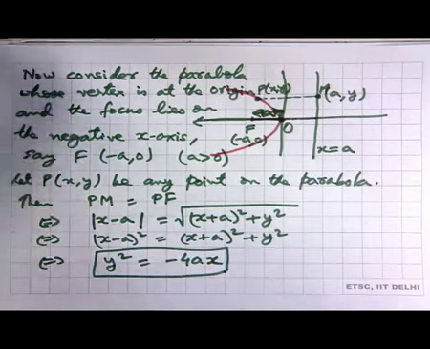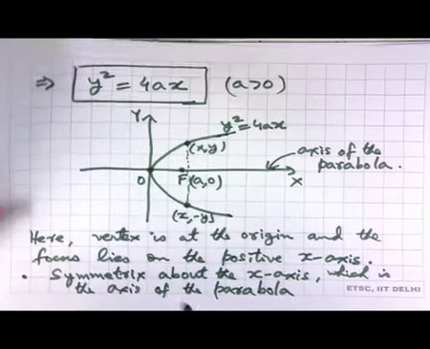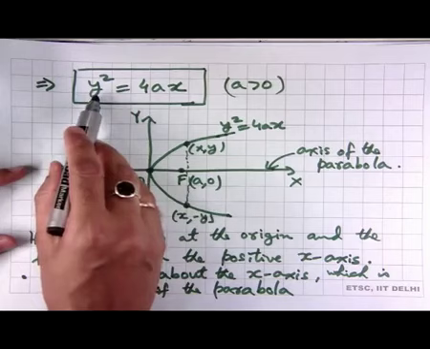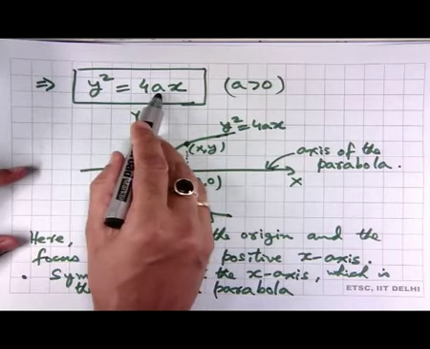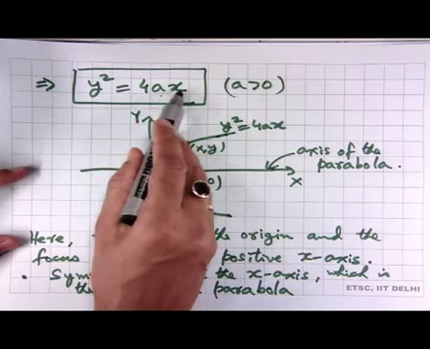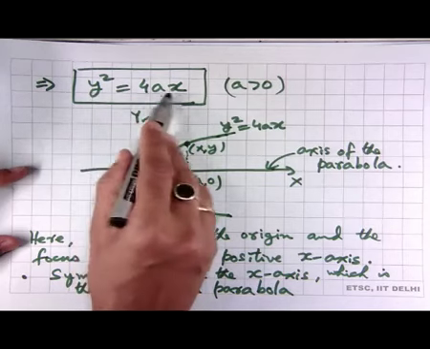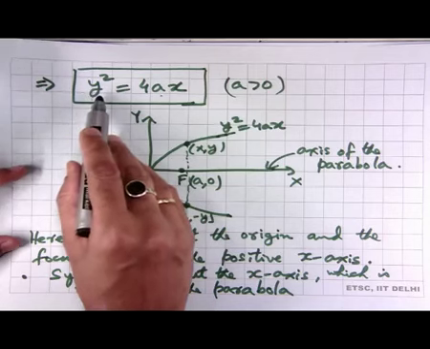So, we can see in the previous one where the focus was on the positive x axis, we have y square equal to 4 a x, a is positive. So, in this case a can never be negative, because we have square equal to 4 a x. So, x is equal to y square by 4 a.